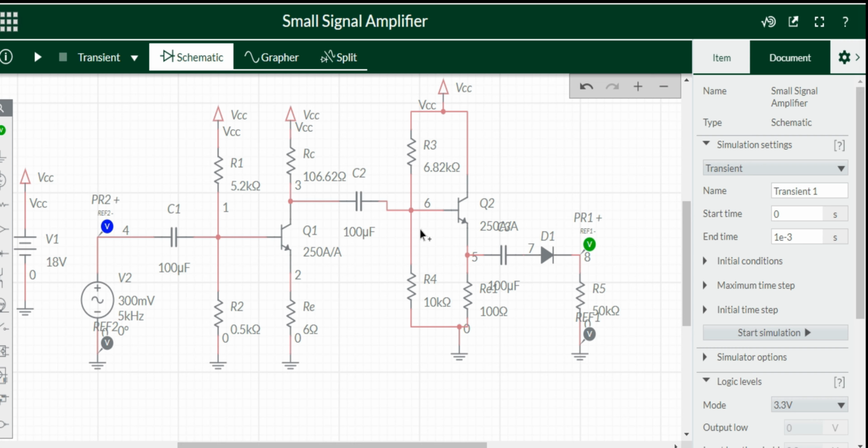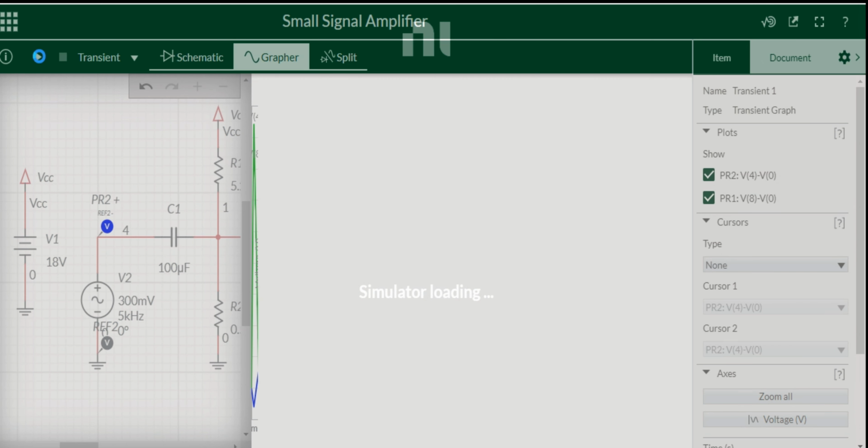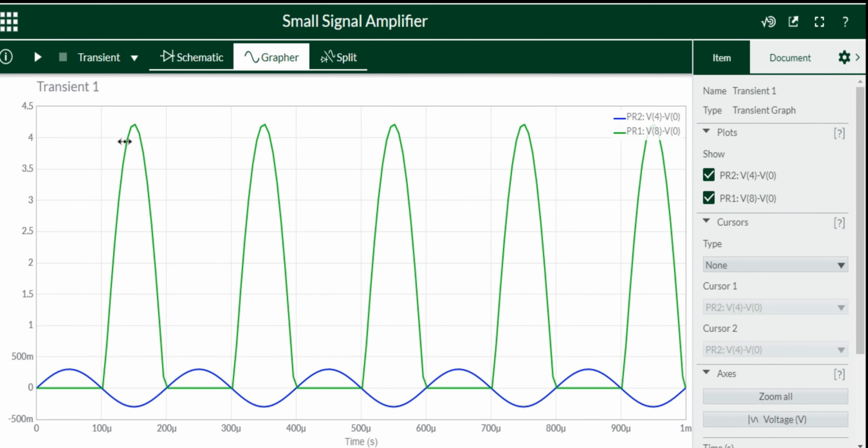The second stage is the common collector amplifier stage, and the third stage is only adding a diode to make it a half wave rectifier. Only adding a single diode. So all the values calculated earlier are put into these resistances, and right now I am just simulating because the video has already become very long.